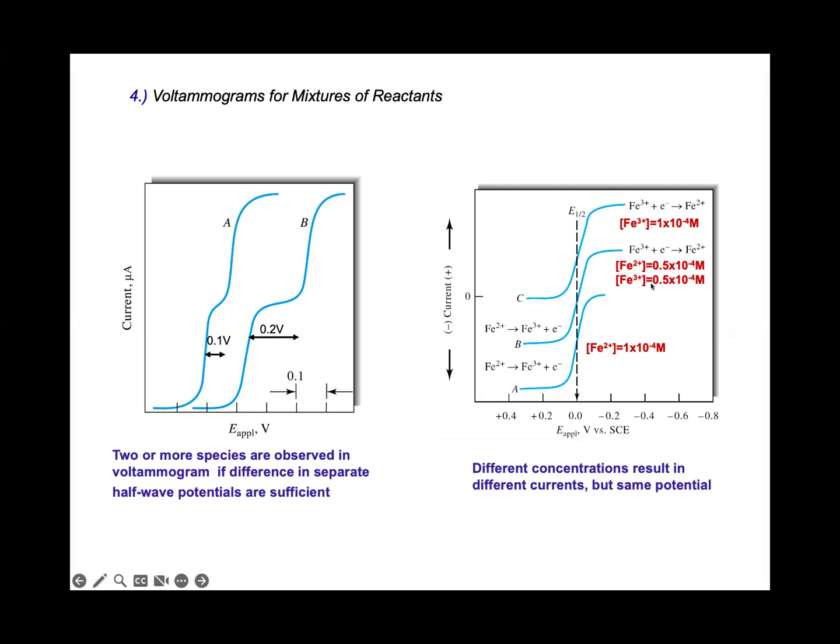But since the concentration of the ferrum is not the same, you can see that the one at 1 × 10 to the -4 is higher than the 0.5 × 10 to the -4. This is an indication of how we work with half-wave potential and the limiting current.